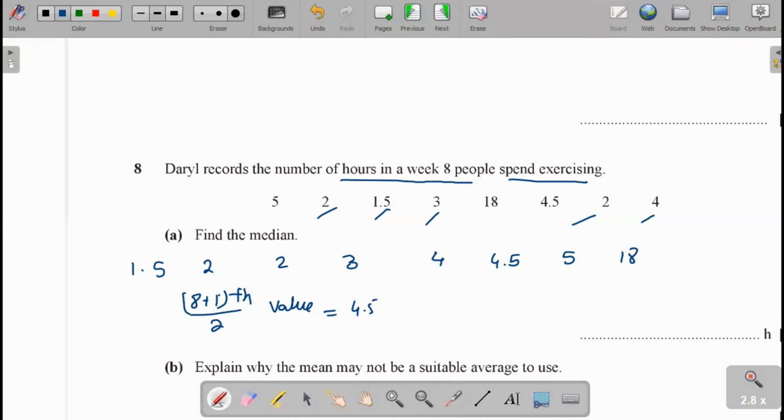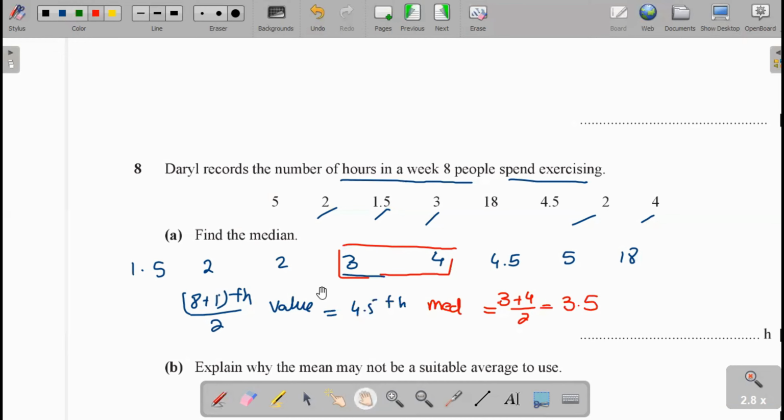It means the fourth and fifth values are the median. We take the average of these two values, 3 and 4, so 3 plus 4 over 2. This is the median, and that is equal to 7 over 2, that is 3.5 is the answer.